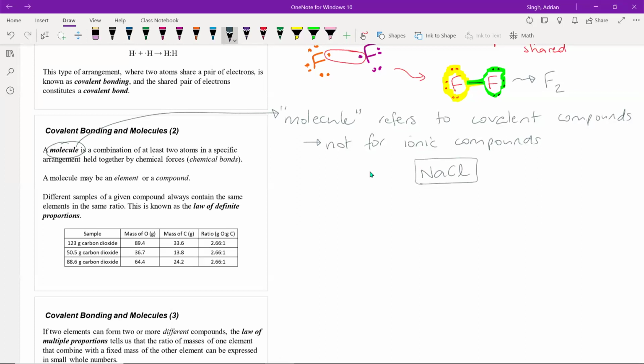We actually don't have just one Na and Cl. We have millions and billions of them, right? But the smallest ratio is 1 to 1. So we refer to this for ionic compounds as a formula unit, okay, which is the simplest ratio, the smallest whole number ratio.